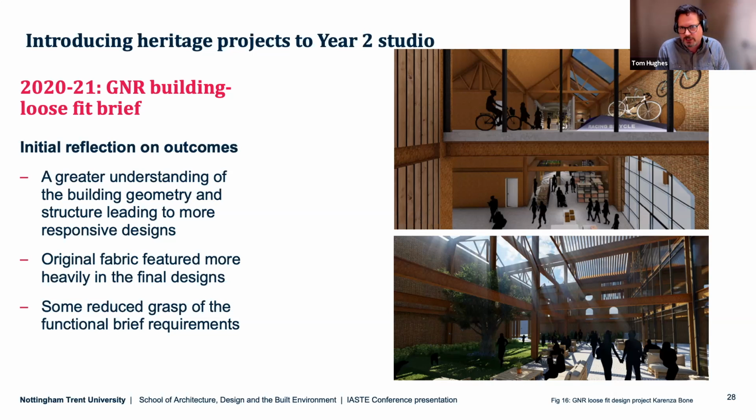The project on the right there, for example, picked up on the pattern of 3 bays in the roof, but introduced a modern frame structure in place of the old cast iron structure that had been lost. But there was, in contrast, a reduced grasp of the functional brief requirements. So again, that loose fit brief, a little bit too advanced probably for second years. Next slide, please.